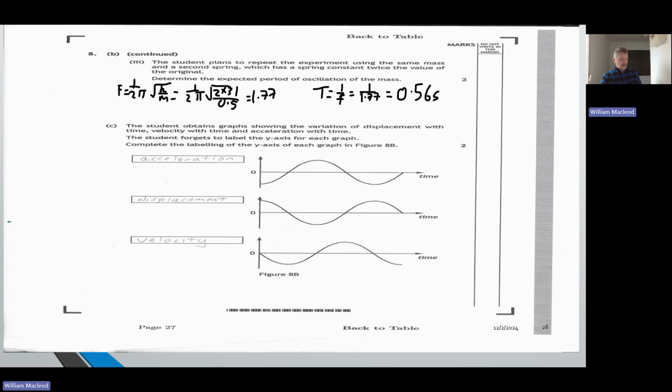And so what we've got there is, you can see in the top graph there, the acceleration is 0. When the second graph must be the displacement, because the displacement is 0 at the same part that the acceleration is 0. And you also know that the velocity, you can also see that the velocity is at a maximum, in fact, when the acceleration is 0. So in other words, the top one would be acceleration, the middle one would be displacement, and the bottom one would be velocity.